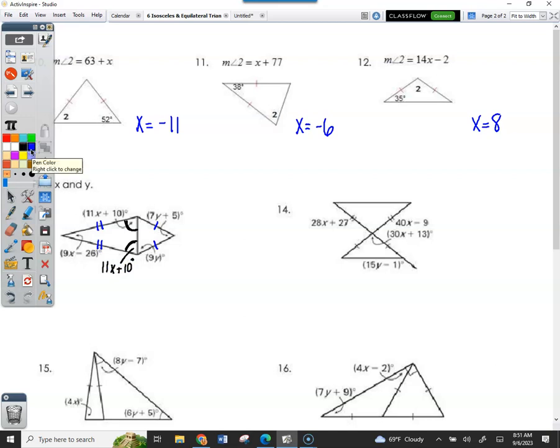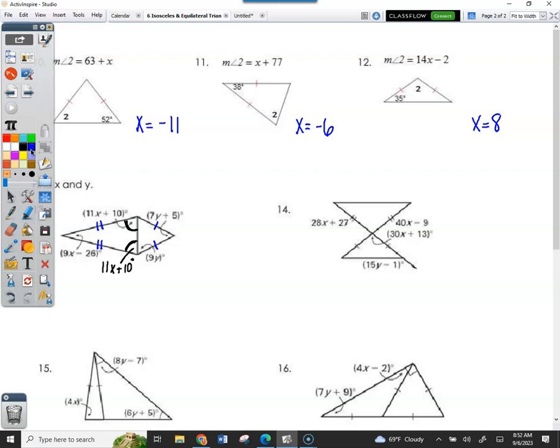Now, do I have info on all three angles of that triangle? And what do I know the total is? 180. So can I set it up? Yes. You could add all three expressions. Can anyone think of a shortcut when you're going to set up your equation? Is there anything convenient in there?